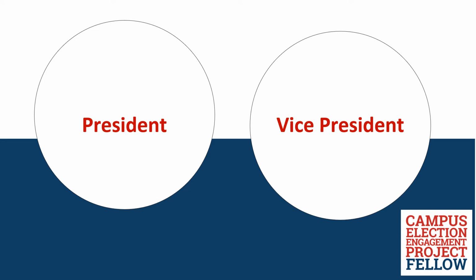The position of the vice president is indirectly elected with the president. This is why we see presidential candidates select running mates. The presidential candidate directly selects who they would like to serve as their second in command.